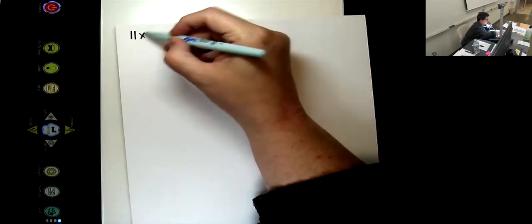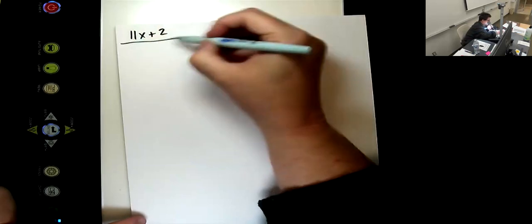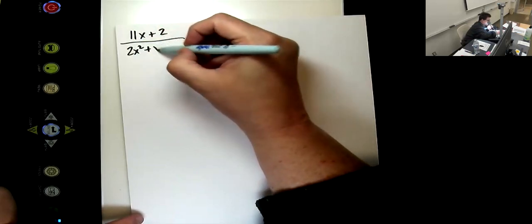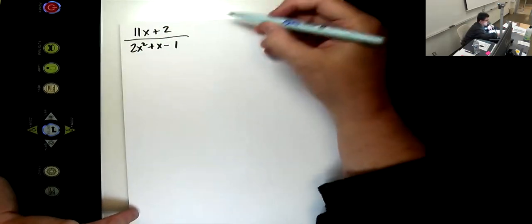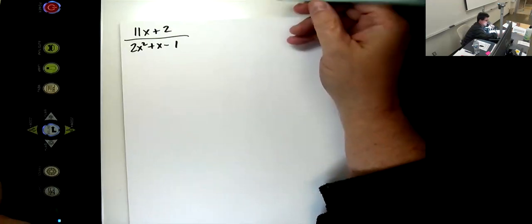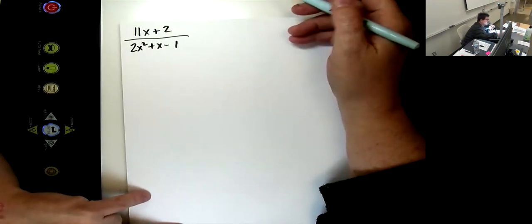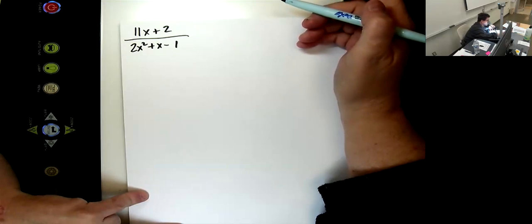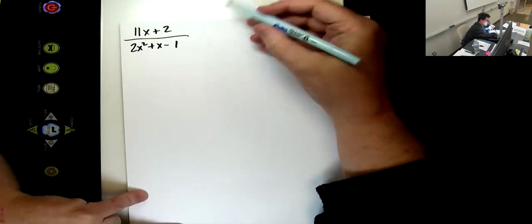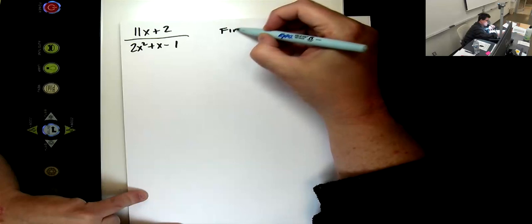In this one, we're gonna have 11x plus 2 over 2x squared plus x minus 1. And we want to decompose this. Well, first we need to factor the bottom if we can.